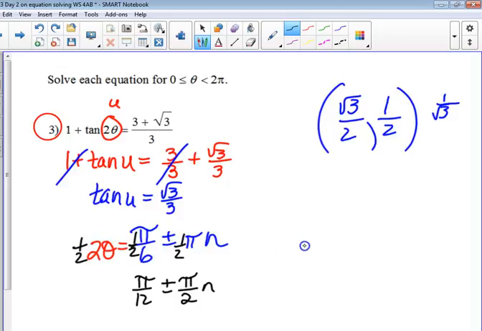Now, one of our answers is pi over 12. Yay! Now add a 1/2. Do 1/12 plus 1/2. 7/12. Add another half. Add another half.